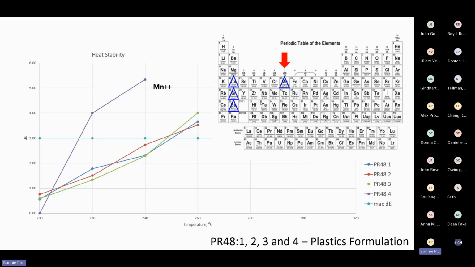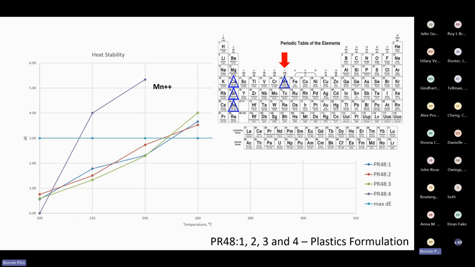So we take a look at those three that are down this second column here, they have a similar heat stability, albeit on the low side. So these all are in that 240 degrees C maximum for heat stability.